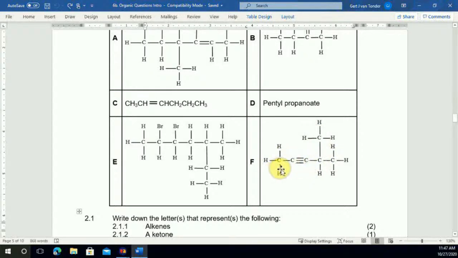So we need to look where the triple bond is. Carbon number 1, carbon number 2. So the triple bond is on carbon number 2. So the parent group is pent-2-yne. And since this is carbon number 1, 2, 3, 4, there's a methyl group on carbon number 4. So it is 4-methylpent-2-yne.